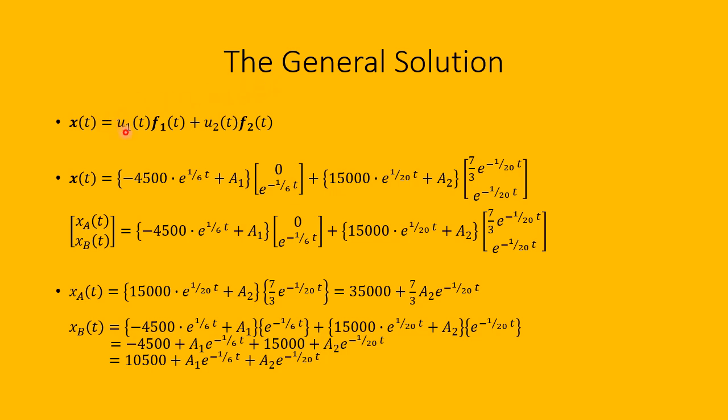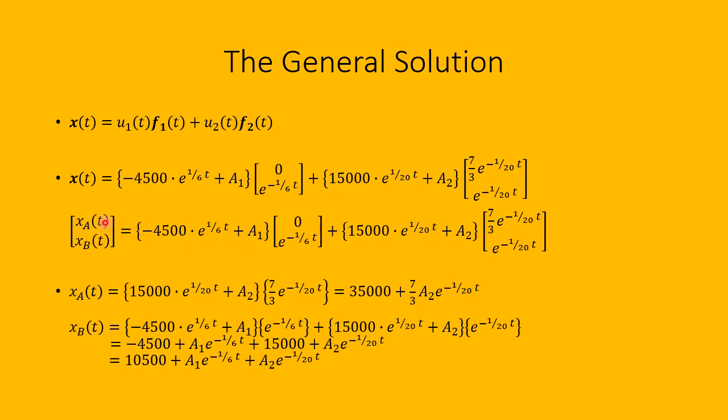x of t is u1 times the column vector function f1 plus u2 times f2. u1 was this stuff, f1 was this, u2 was this, f2 was this. And then if you remember that x is the column vector x of a and x of b, this column vector is equal to all of this.